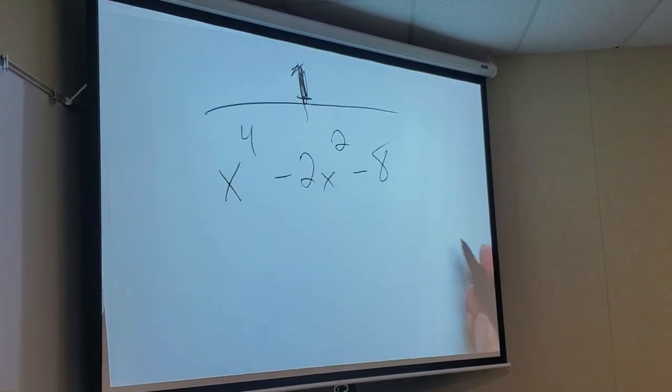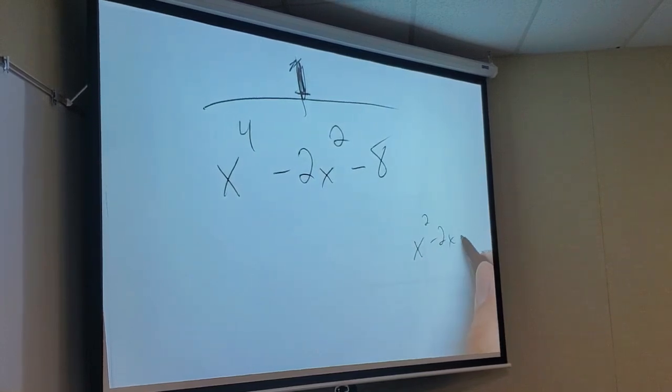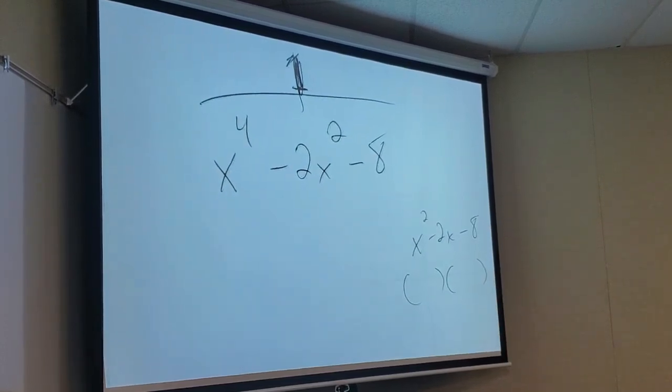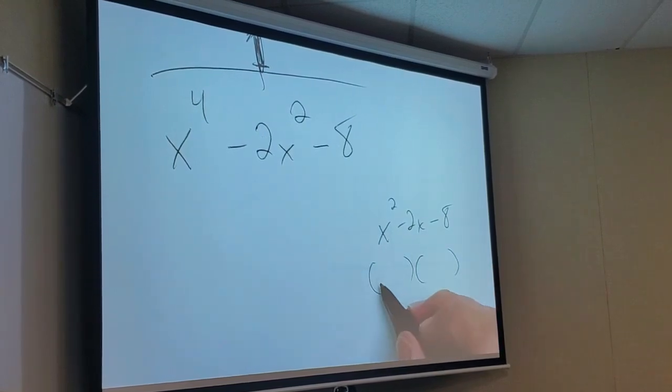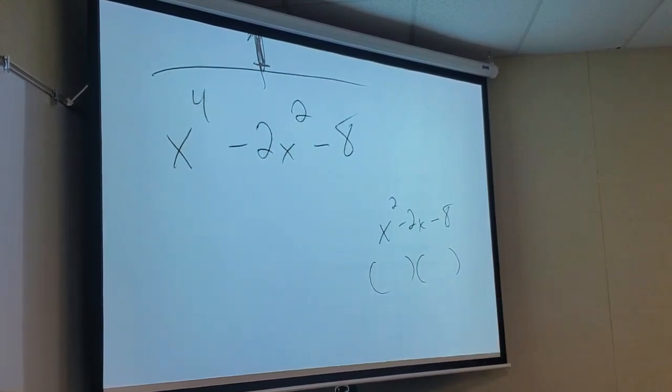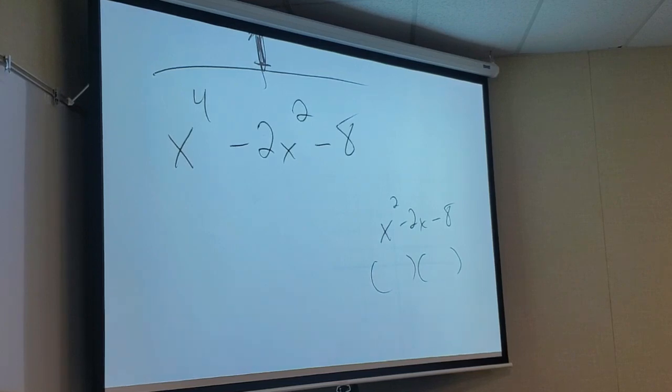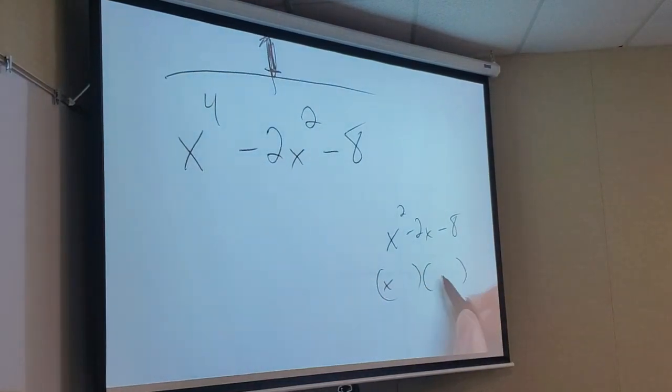Now, real quick, if I had this, how would you factor this? See how all I did was decrease the degree, right? How would you factor this? Yeah, (x )(x ), right?